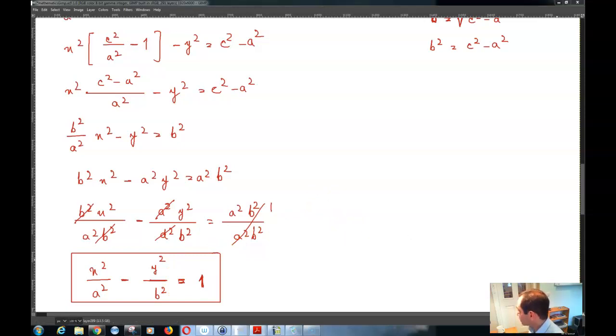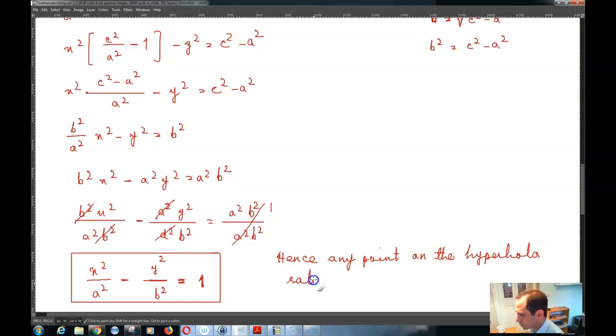So then you can say, hence, any point on the hyperbola satisfies this equation.